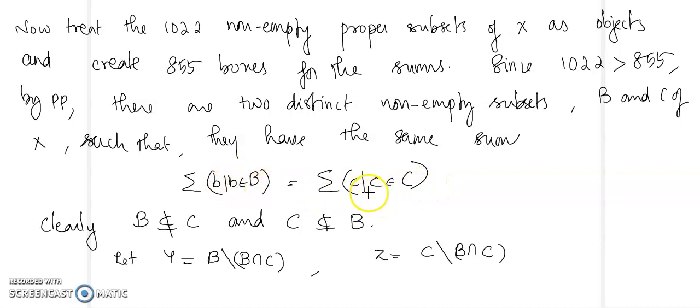So cancel out the same numbers which are repeating on both sides, and the sum remains the same. Such sets are given by B minus B intersection C and C minus B intersection C. So this is our set Y and Z. Therefore we will have the summation over Y equal to the summation over Z.